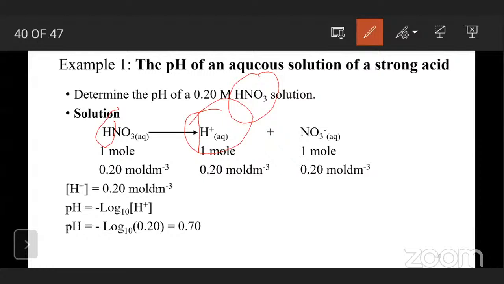So consider this example. Determine the pH of 0.20 molar HNO3 solution. We have already said that molar means mole per dm cubed. How do you solve this? First thing is you have to know how many moles of the hydrogen ion it releases in solution. So don't just look at the concentration.